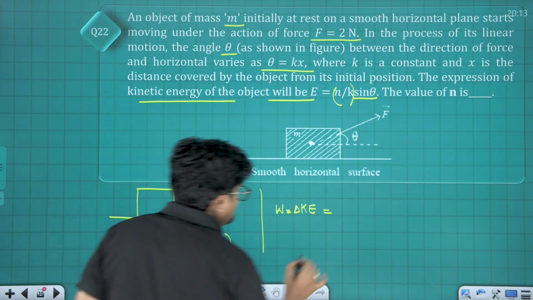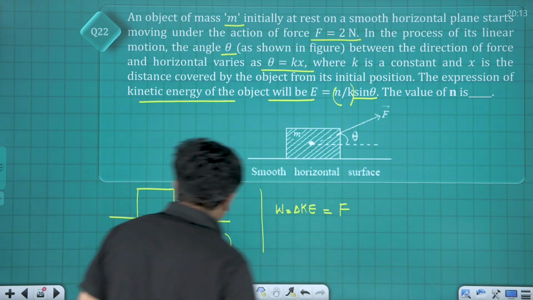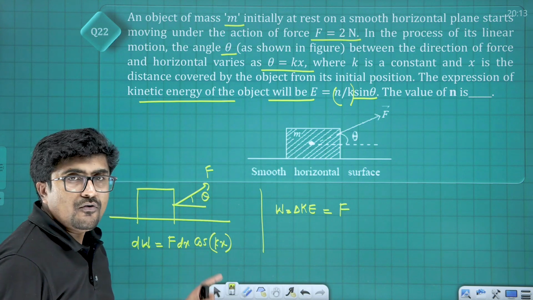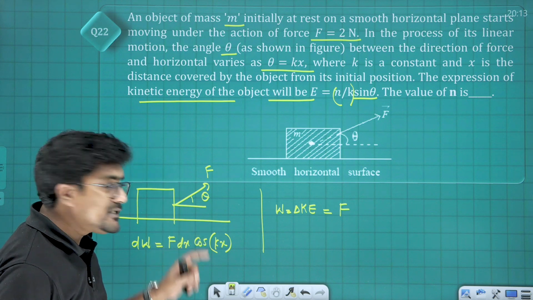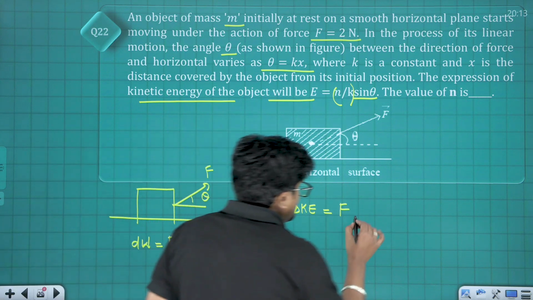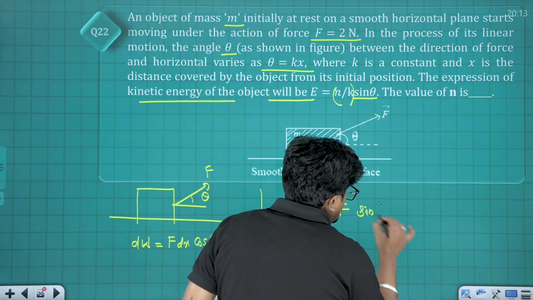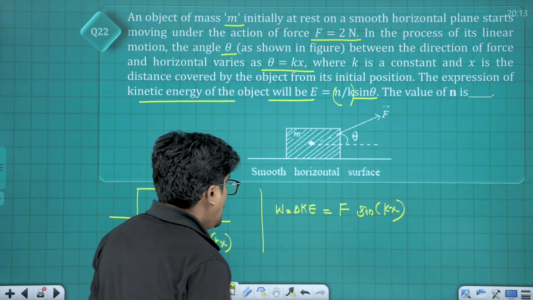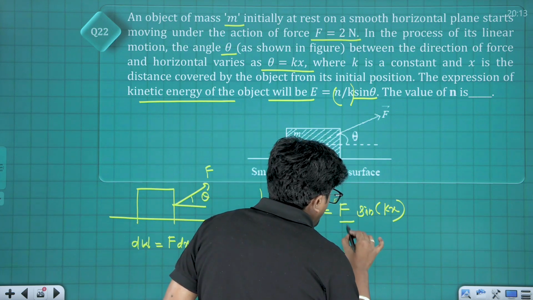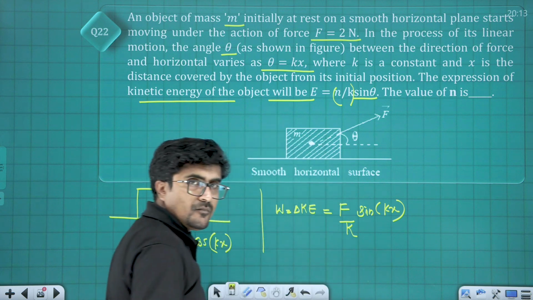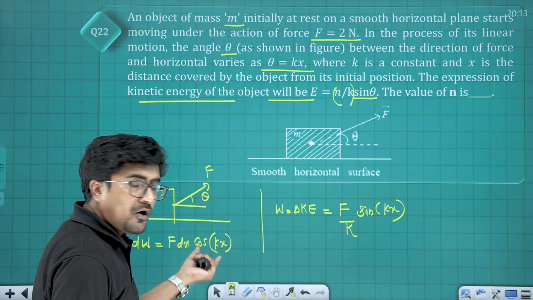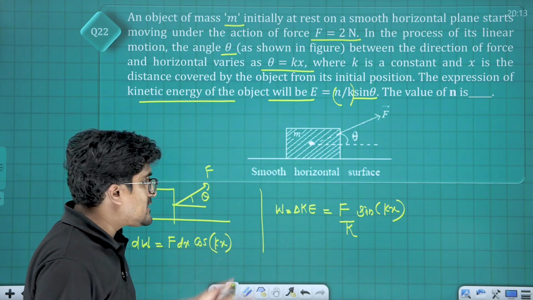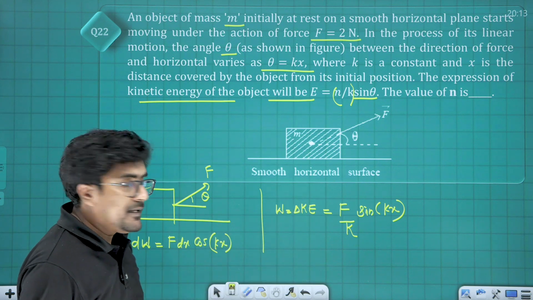That is going to be F into the integral of cos of kx into dx, which is going to be sine of kx, all divided by k. Okay, the integral of cos of kx into dx is going to be sine of kx divided by k.